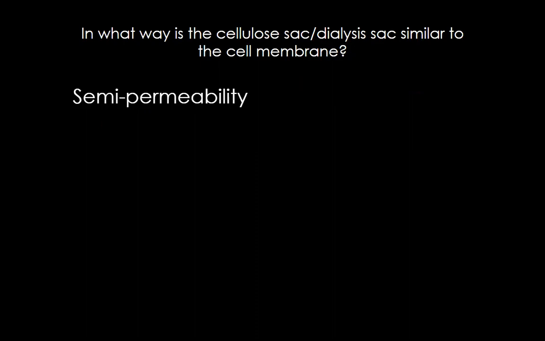And that's why if you have larger molecules or charged molecules passing through, it will need to be facilitated by membrane proteins, okay? And thus, it would be called facilitated diffusion if that was supposed to happen. Our cellulose sac, however, does not have these protein channels, and thus facilitated diffusion cannot happen in the cellulose sac.